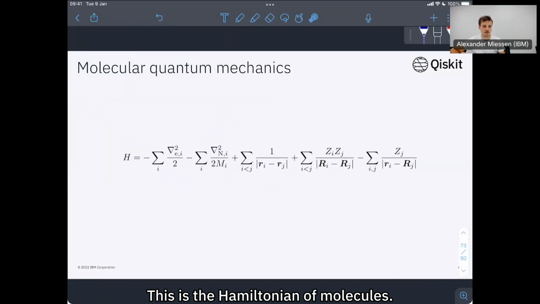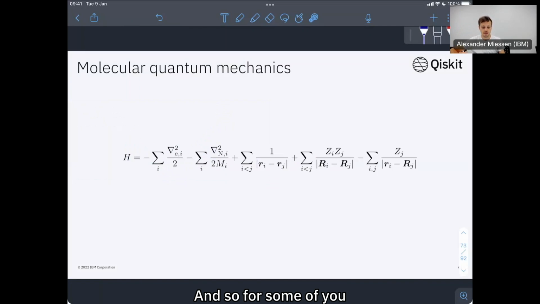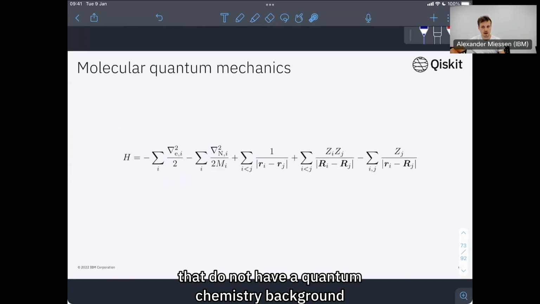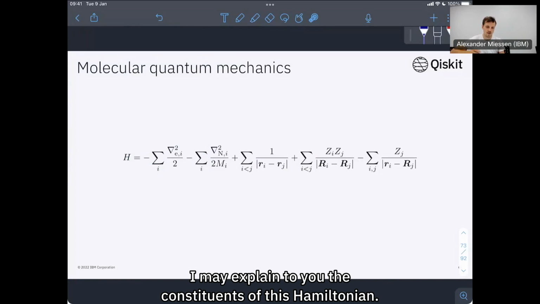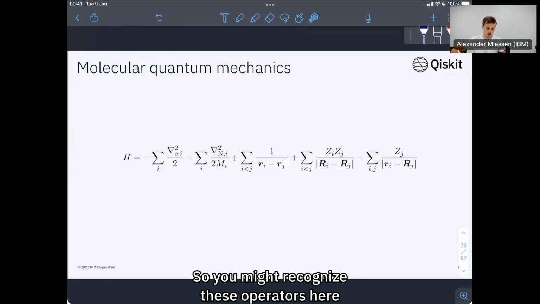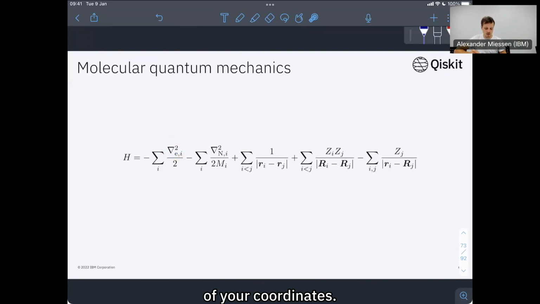This is the Hamiltonian of molecules. So this is the molecular Hamiltonian, sorry. And so for some of you that do not have a quantum chemistry background or have not gone so deep into quantum mechanics, let me explain to you the constituents of this Hamiltonian, okay? So you might recognize these operators here that are essentially three-dimensional derivatives of your coordinates.